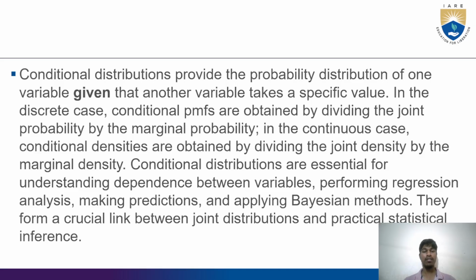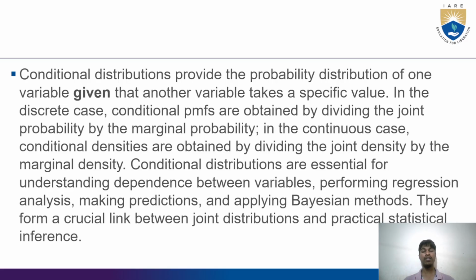Conditional distributions provide the probability distribution of one variable given that another variable takes a specific value. In the discrete case, conditional PMFs are obtained by dividing the joint probability by the marginal probability.